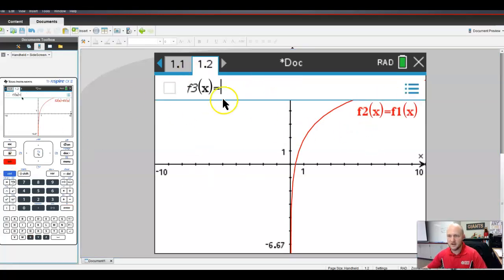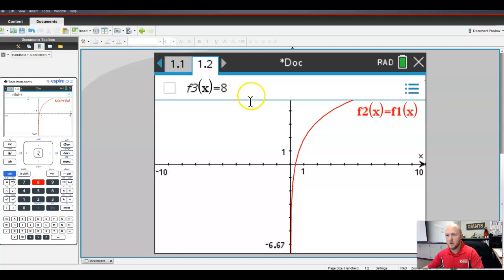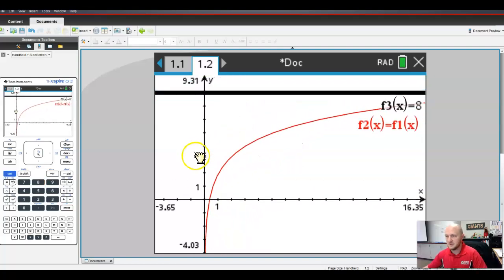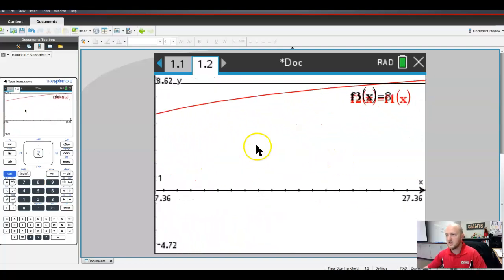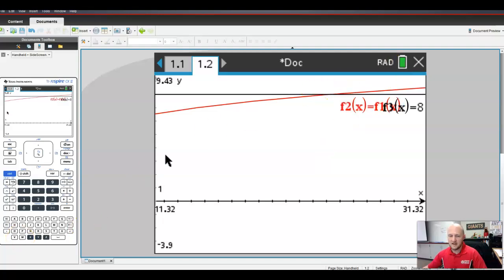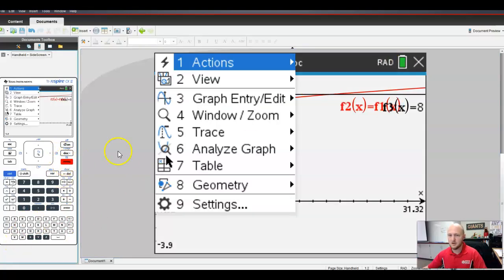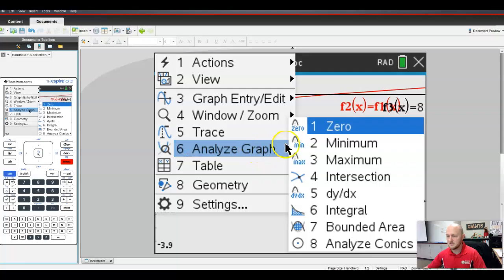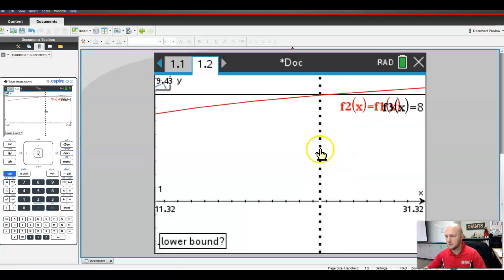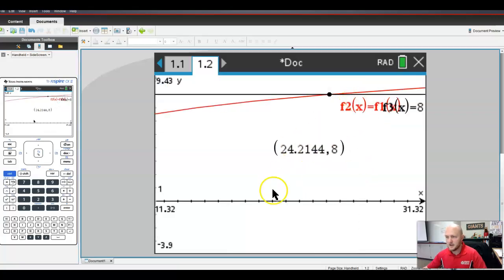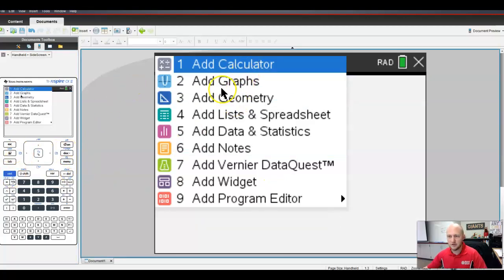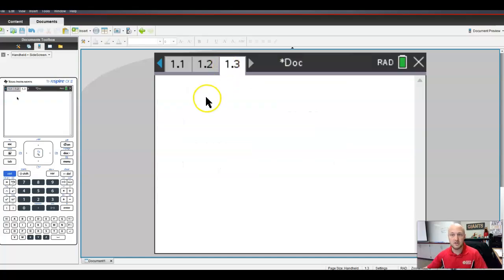Then I could go ahead and answer that question, when will it have a height of 8? We can find that intersection: Menu, analyze, intersection, left, right. Then we can also add a calculator, and I can evaluate that function at 10.